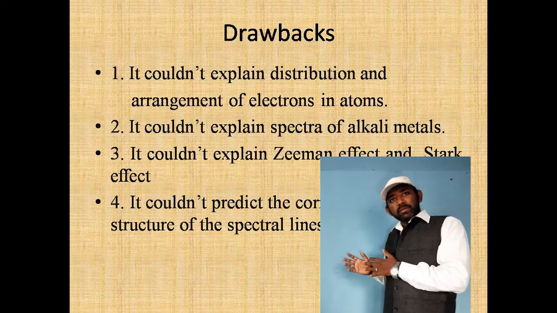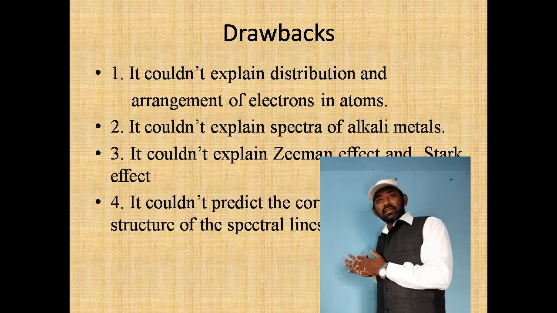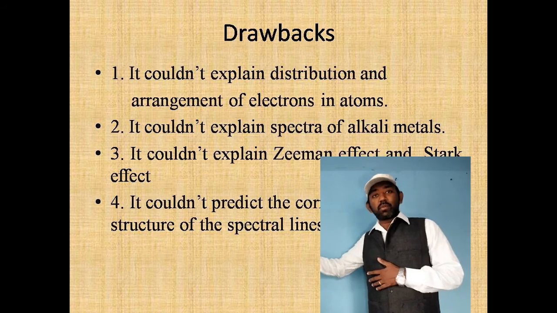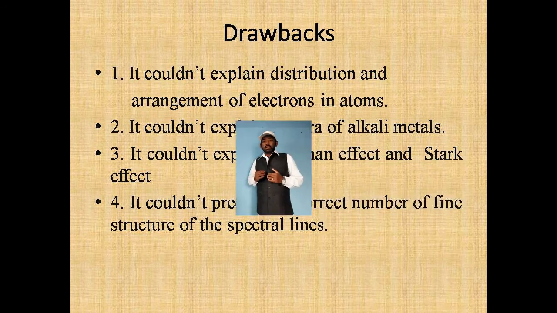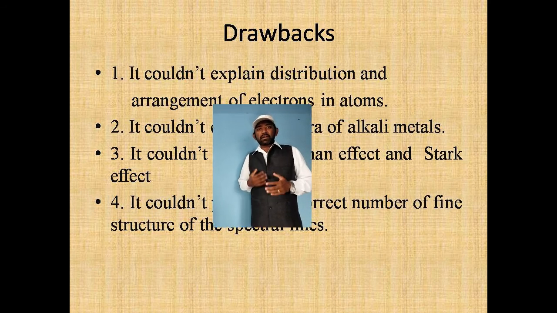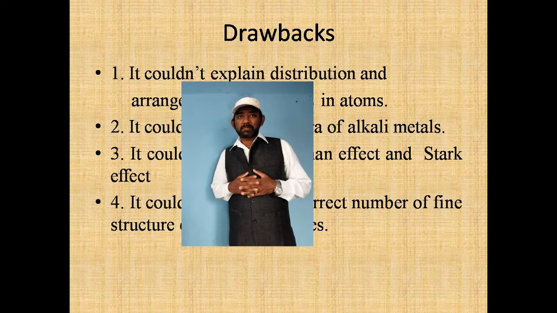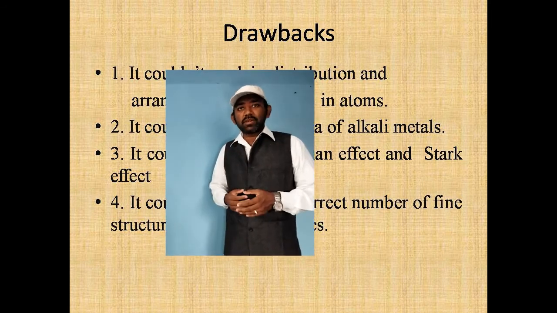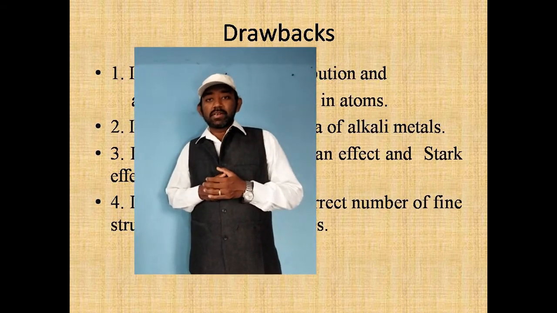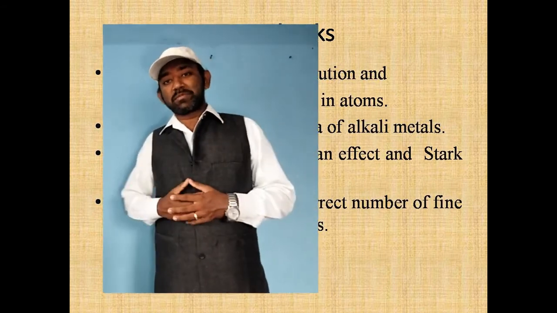It failed to explain the spectra of alkali metals like sodium, potassium, etc. It could not predict the correct number of the observed fine structure lines. This model does not give any explanation for the intensities of the spectral lines. That is why the Sommerfeld atomic model also needs correction.